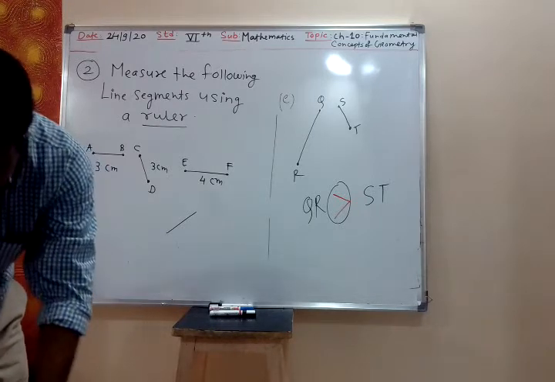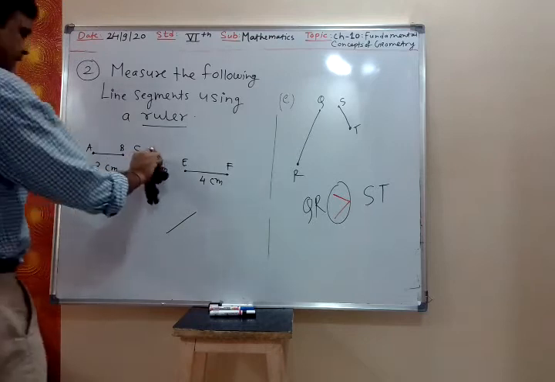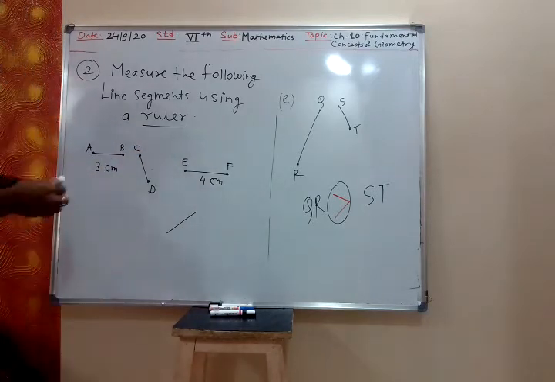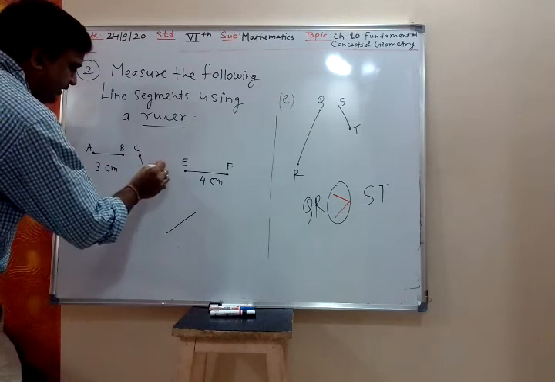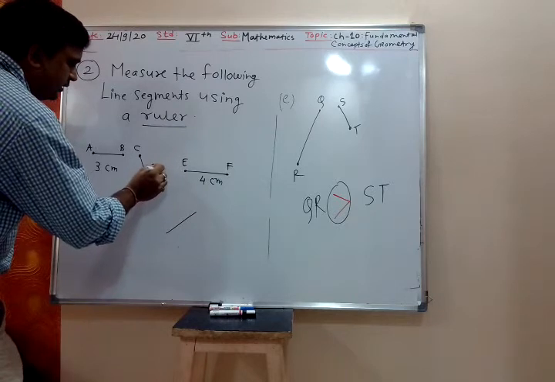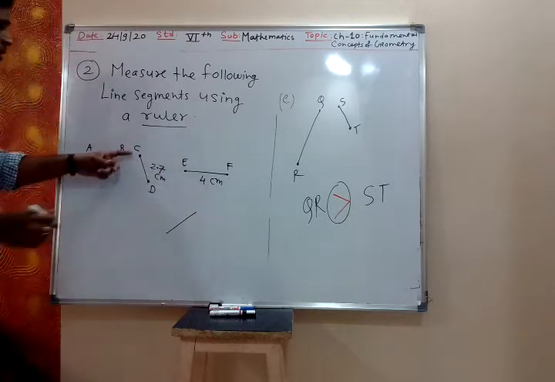CD is 2.7. CD is 2.7. No, CD you draw 2.7.